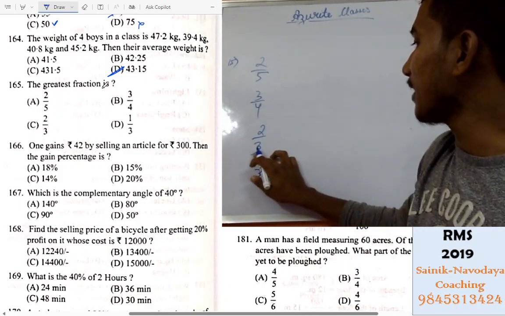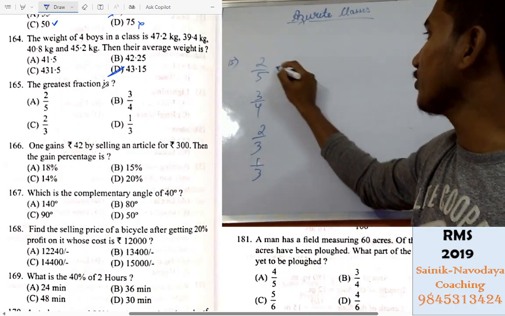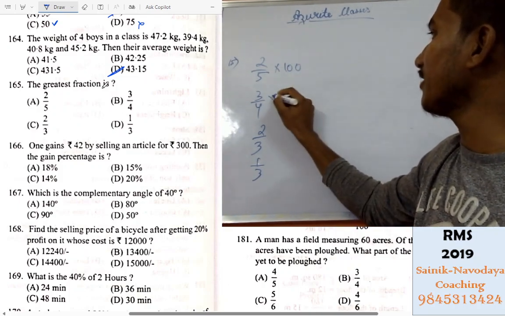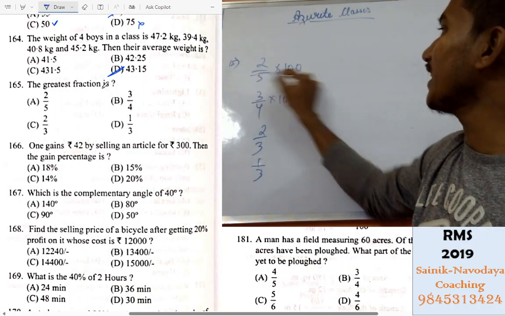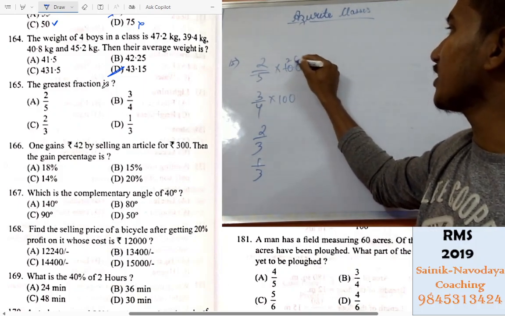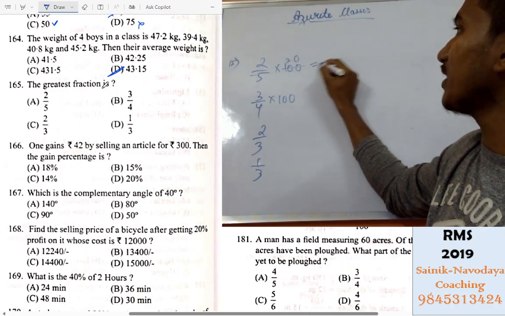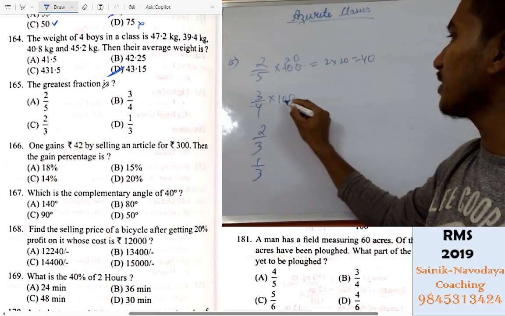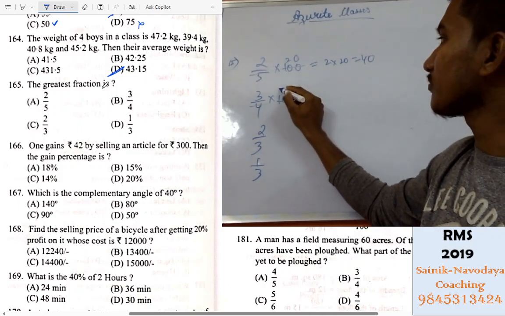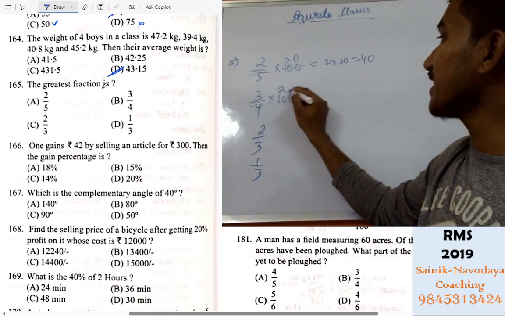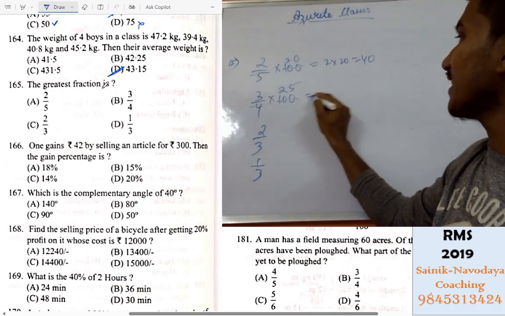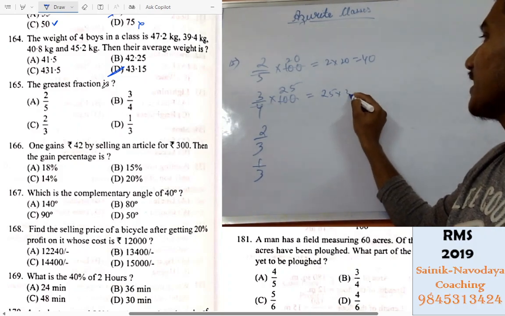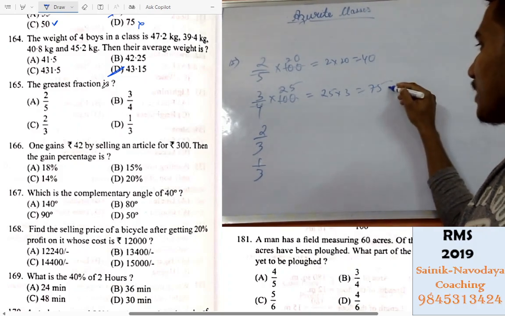You should multiply with 100 and find the value. 5 2s are 10, 0 as it is, so 2 20s is 40. For 3 by 4, 4 25s are 100, so 25 3s is 75. So this will be greatest, option B.